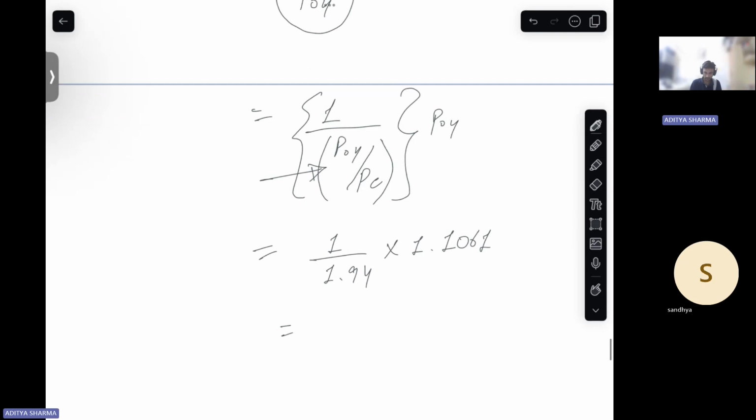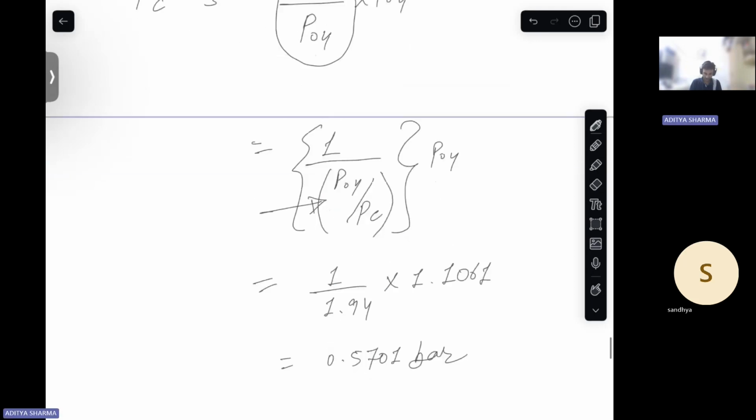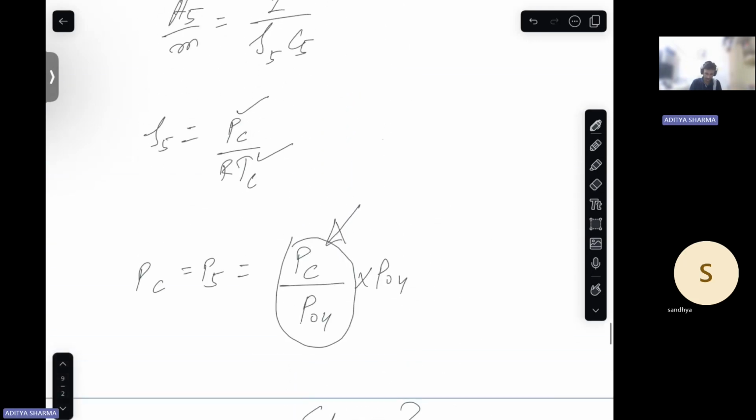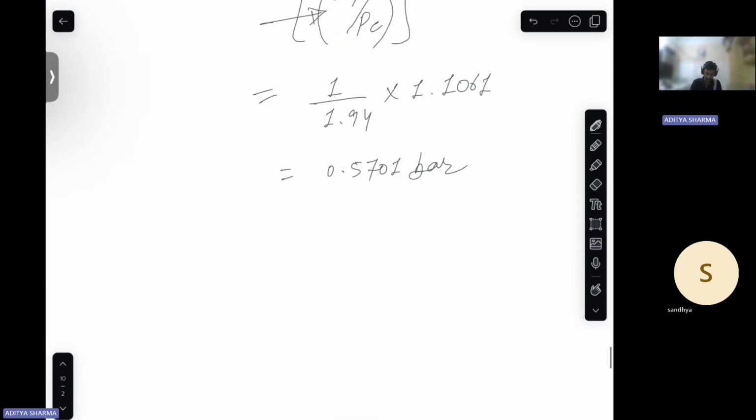So if we calculate, this will come out to be this much. I hope this is clear. Then now we have PC, then rho 5 we can calculate.